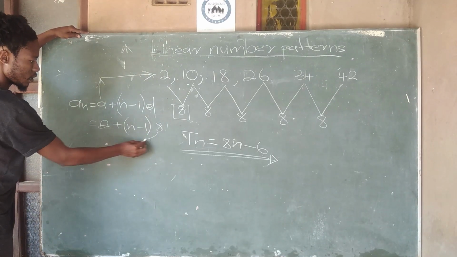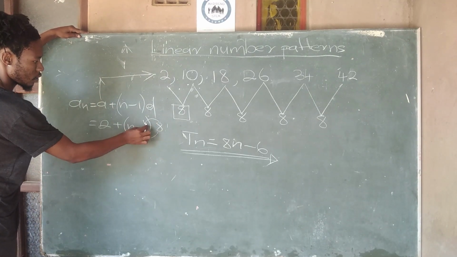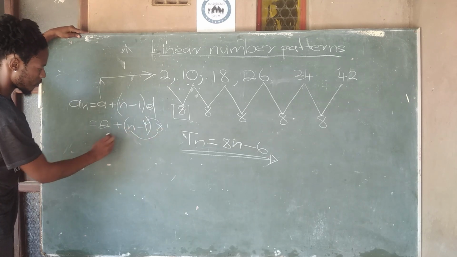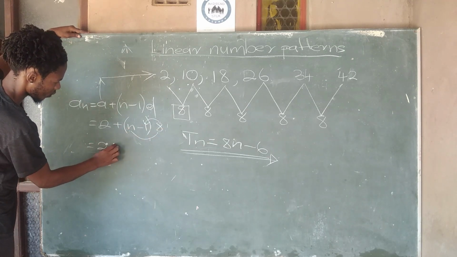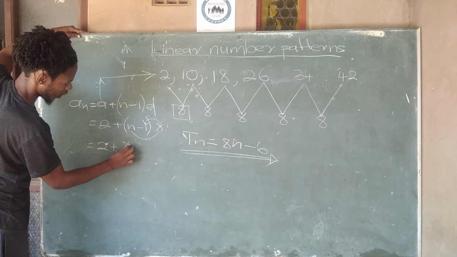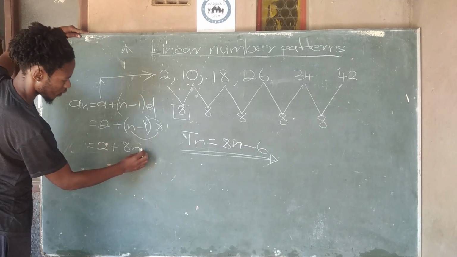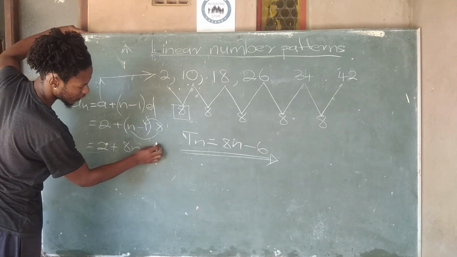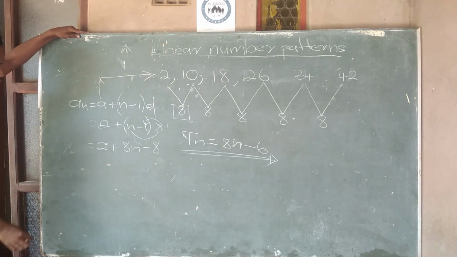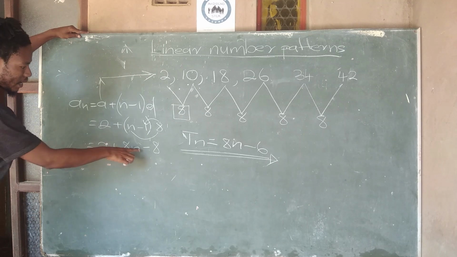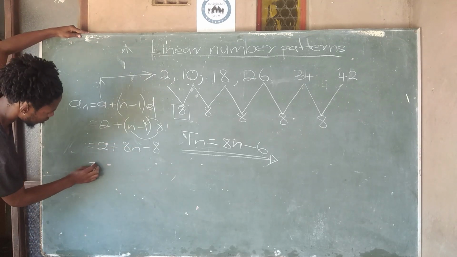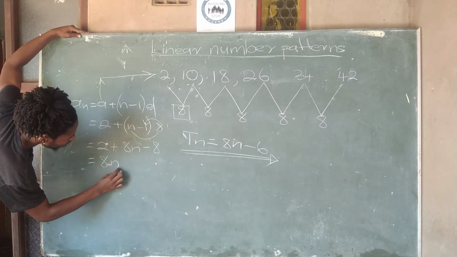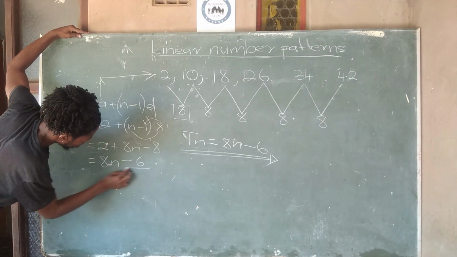So we multiply to remove this bracket. 8 times n is 8n. And then 8 times minus 1 is minus 8. So what is 2 minus 8? 2 minus 8 is minus 6.